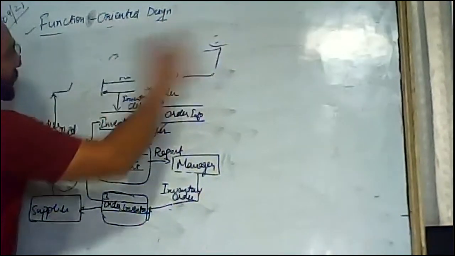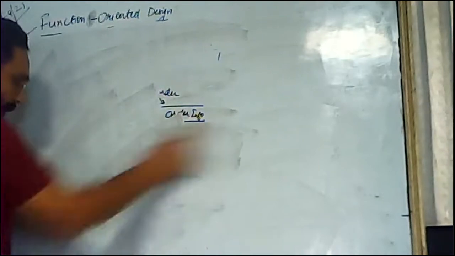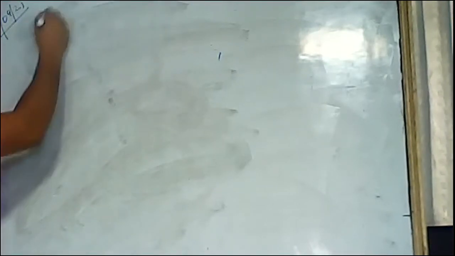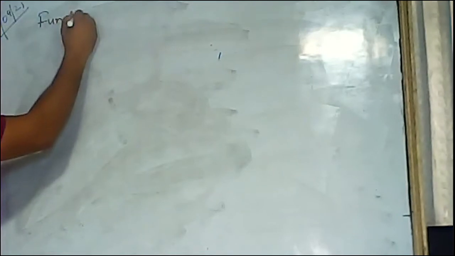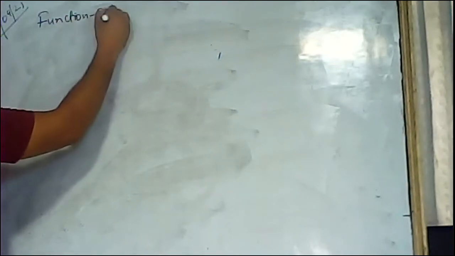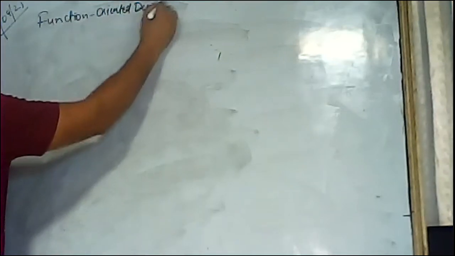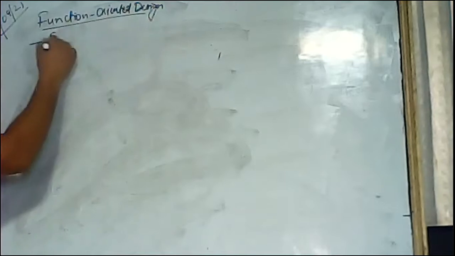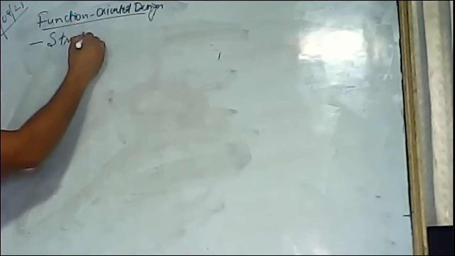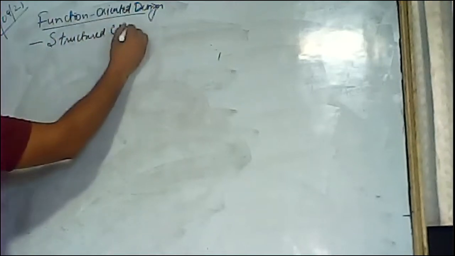And next is the structured chart. This is also a technique to draw the hierarchical structure of your project. This also comes under the function oriented approach, design, and that is your structured chart.